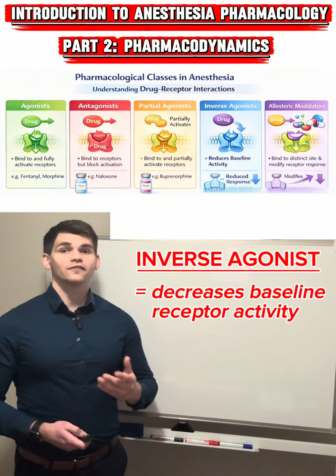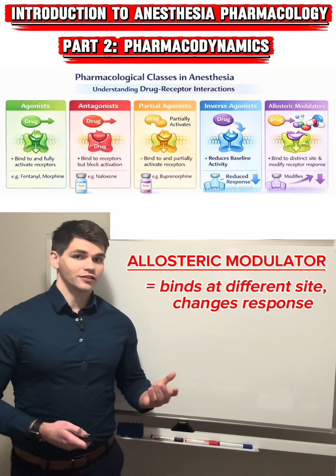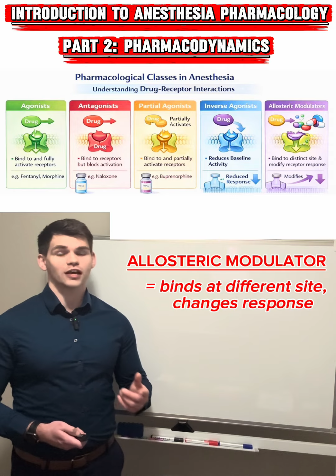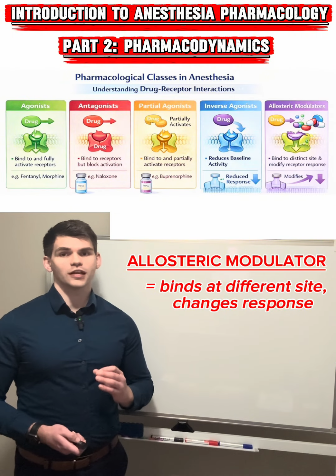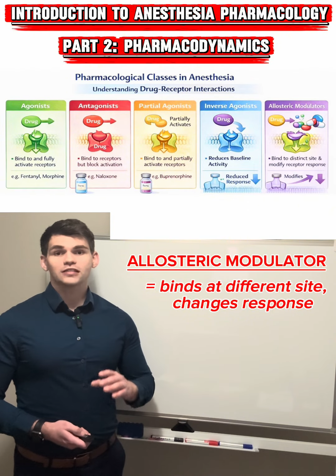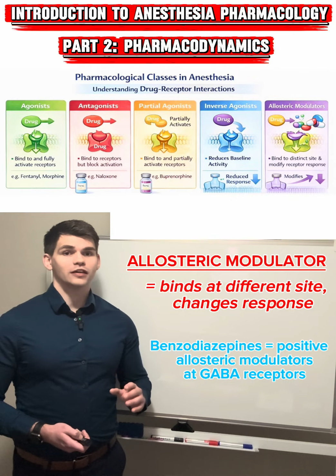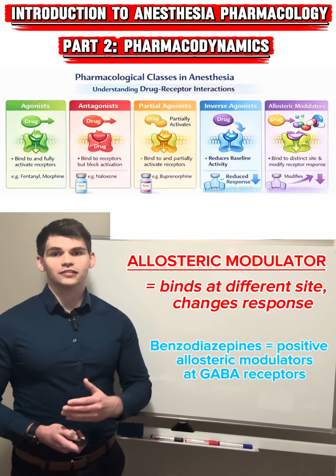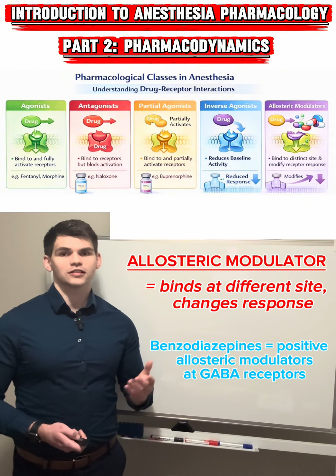And finally, an allosteric modulator binds at a different site on the receptor and changes how that receptor responds. This is very important in anesthesia. For example, benzodiazepines act as positive allosteric modulators at GABA-related receptors, enhancing the inhibitory signaling and producing sedation and anxiolysis.